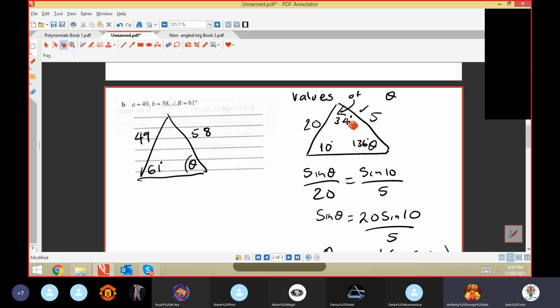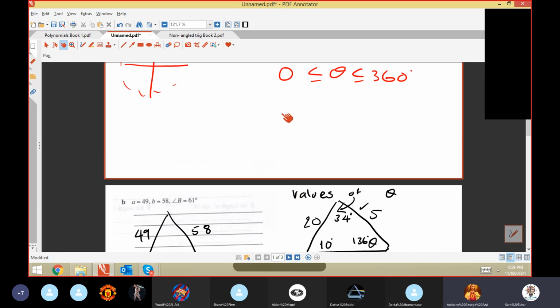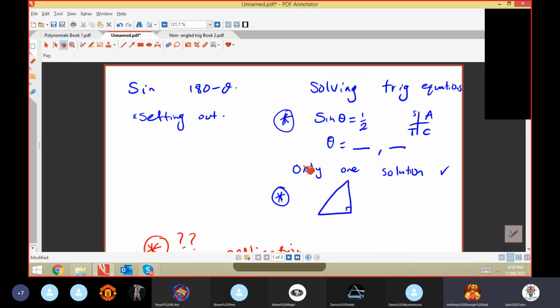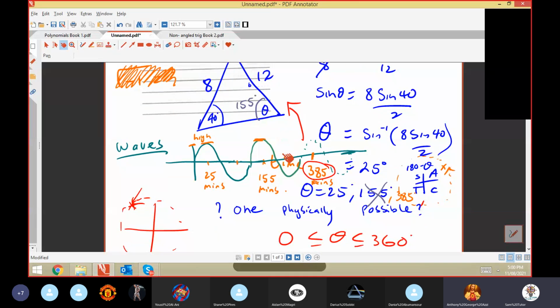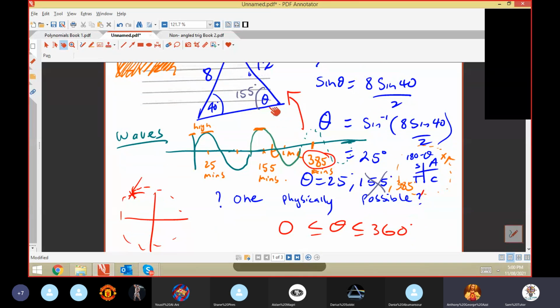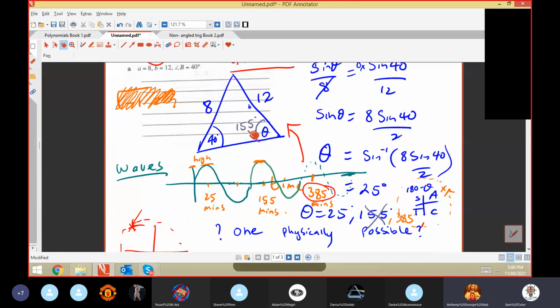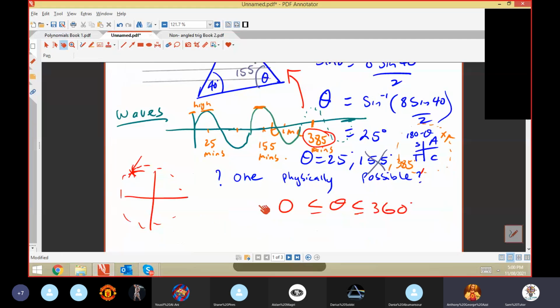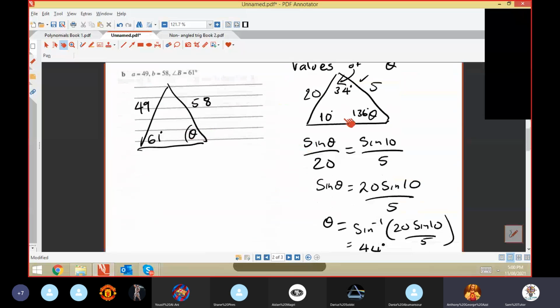It's physically possible. Whereas if we go up, wait, where is it? This one here, when I had 155, it's physically impossible to get a triangle with 155 and 40 degrees. Make sense? Yeah. So physically impossible. This one, technically, it's possible. So it's possible for this triangle.